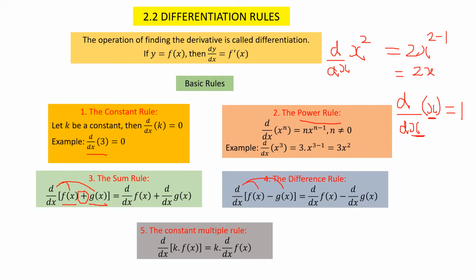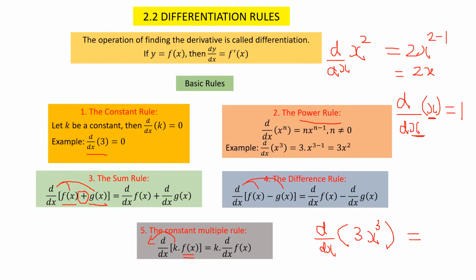Sometimes we have a constant multiplied by a function, k times f of x. Then before doing the derivative, take the constant outside and then differentiate only the function. Say for example, if I want to calculate d by dx of 3x power 3, what is the answer?